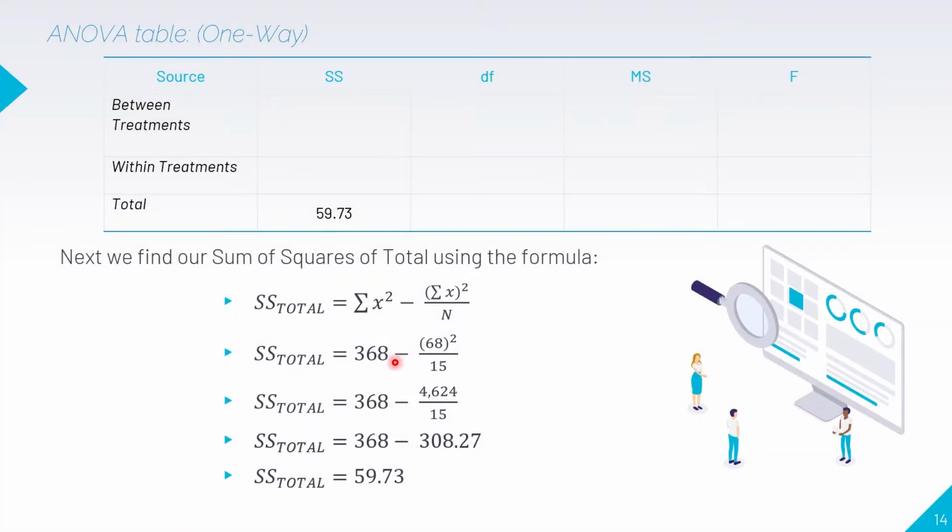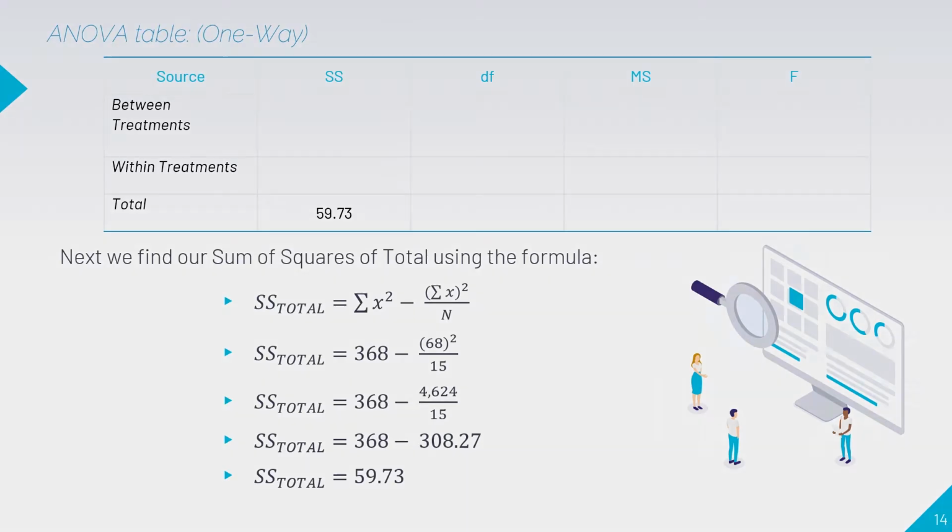So 368 minus 68 squared over 15, you have 368 minus 4624 divided by 15, and we have 308.27. So 368 minus 308.27, we have our sum of squares total is equal to 59.73. So now we have our sum of squares total.